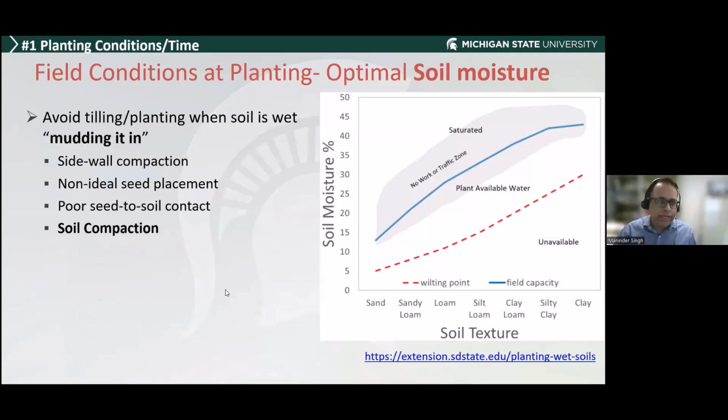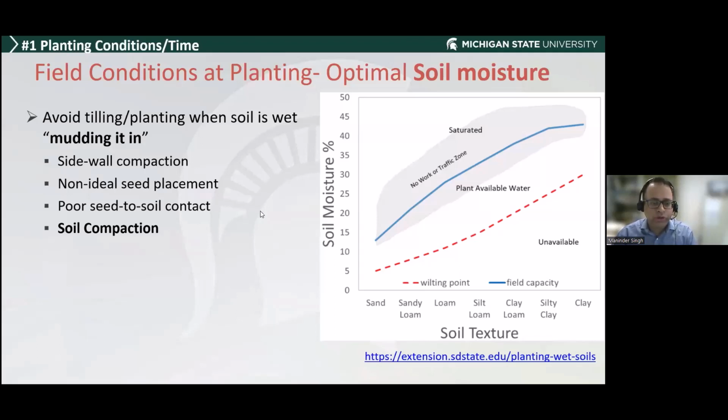If we end up tilling or planting when the soil is relatively wet, what we call mudding the seed in, it can cause issues such as poor seed to soil contact, non-ideal seed placement, and sidewall compaction that can impact root growth for this year's crop and limit our yield potential for this crop season. But this can also lead to soil compaction that is setting us up for a lower potential down the road. So we want to make sure that we are not planting in non-ideal soil moisture conditions.